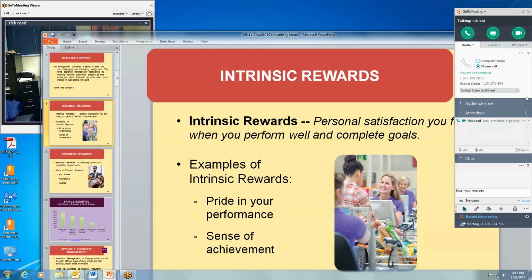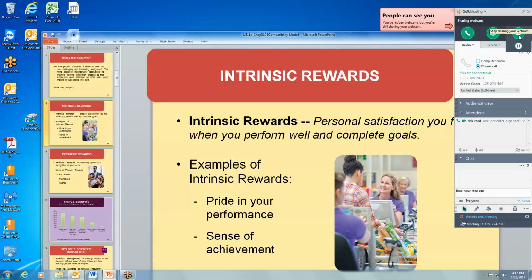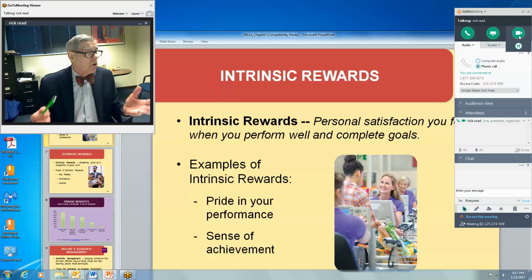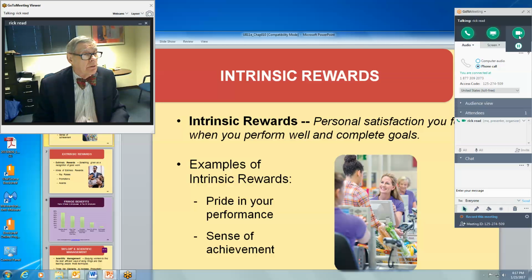And we find out as we start here that we, being managers or leaders, have two ways to reward employees. And one is not something that really comes from a manager or a leader, him or herself. It's what you see on the screen, an intrinsic reward.